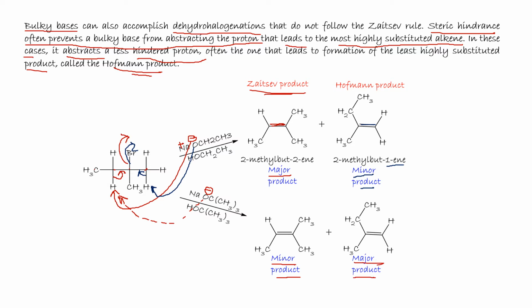Why? Because in this case, the base will go and abstract this hydrogen much more easily. The rate of this elimination will be faster, and the product will be higher.